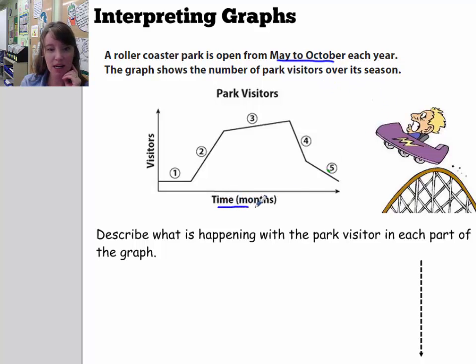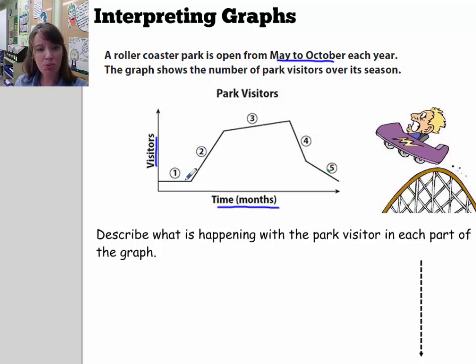The x-axis is time and the y-axis is visitors, okay? And we need to describe what is happening with the park visitors in each part of the graph. So for instance, in this line segment right here, what is happening with the park visitors? Again, we're not given a lot of numerical information on the y-axis, but that's fine. That means we can describe it, but we can't be that specific.